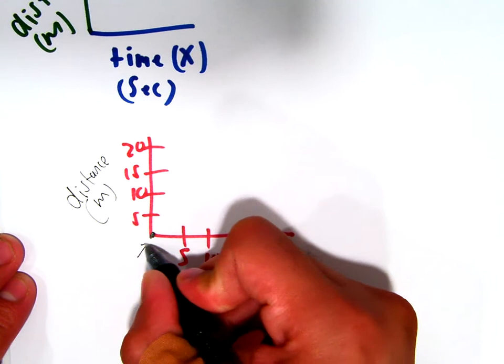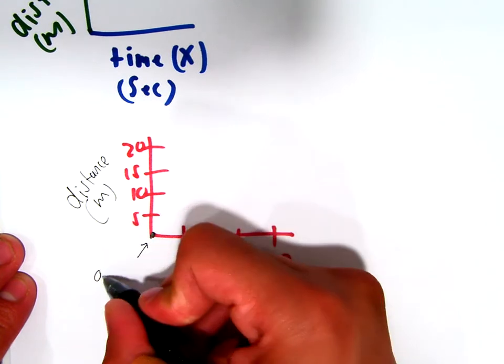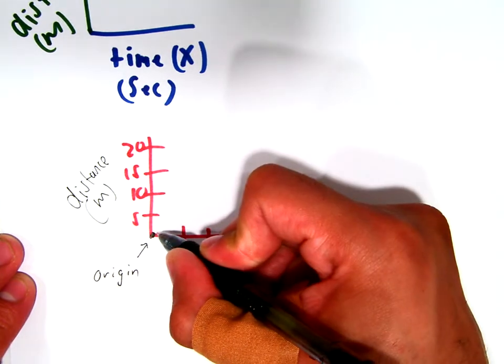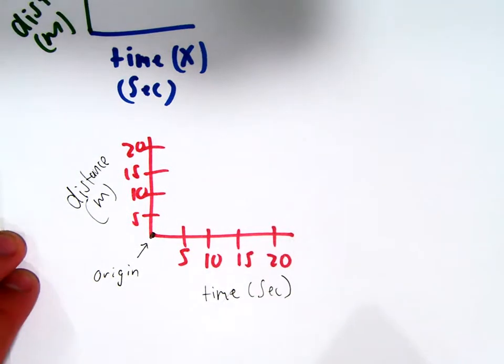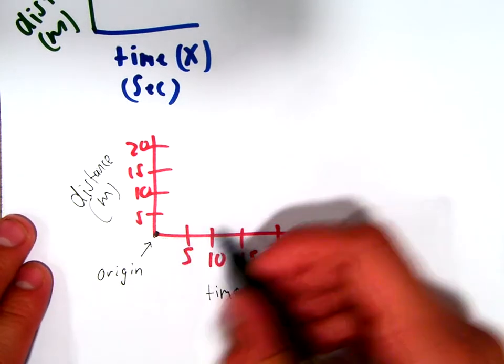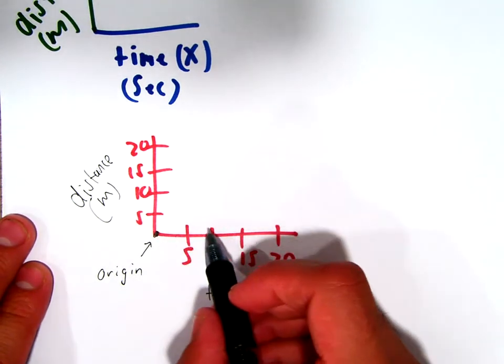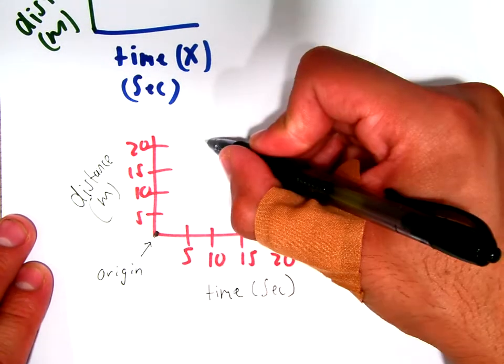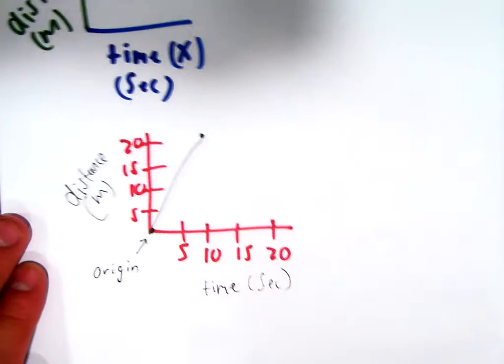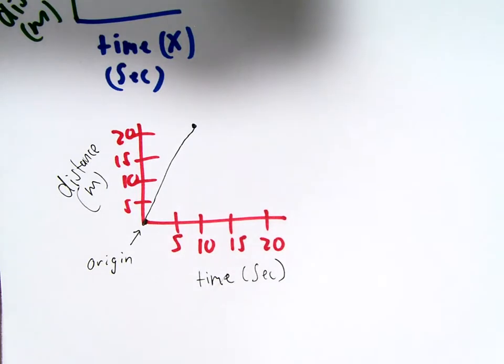This point here, this is 0, that's my origin, my starting point. And as I go up, I'm moving away from my origin. So let's say in 10 seconds, I travel 20 meters away from the origin.